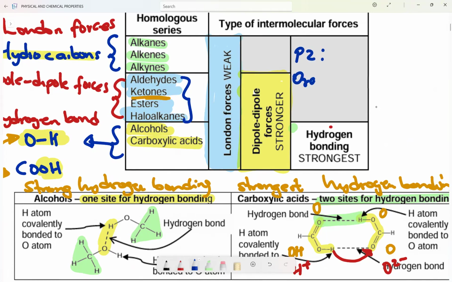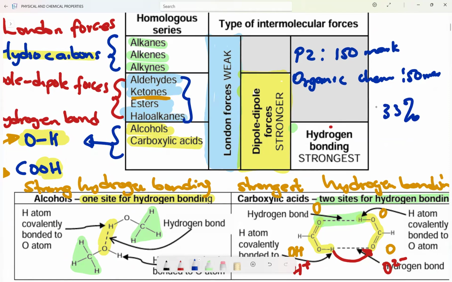Organic chemistry alone contributes 50 marks out of a 150 mark question paper, so it is one third of your paper. If you are good with organic chemistry, you already have 33% of your question paper, which is one third.